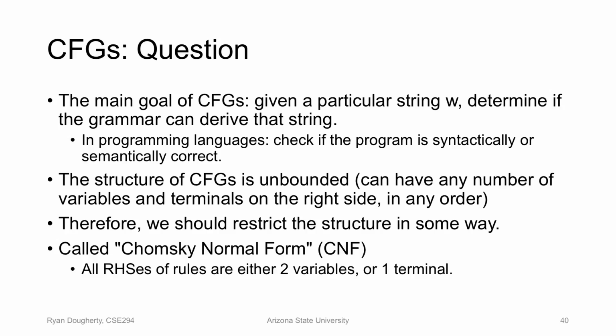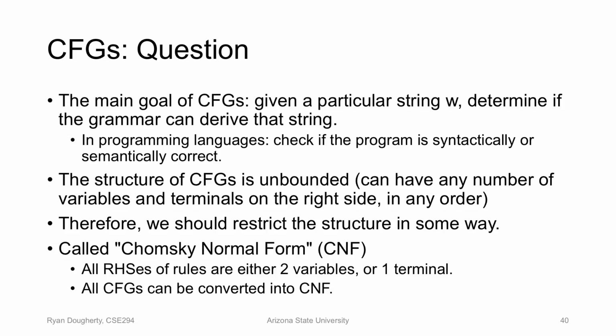Instead of having a really long or really short right-hand side, the right-hand side is either two variables, so a variable can be replaced by exactly two variables, or one terminal. Instead of having a mix of terminals and variables, I have either exactly two variables or one terminal.